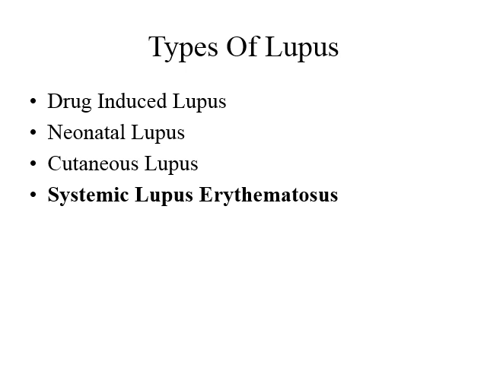Now different types of lupus: drug induced lupus, neonatal lupus, cutaneous lupus and systemic lupus erythematosus. So systemic lupus erythematosus is mostly important, but we have to differentiate it from the drug induced lupus, where there will be some history of intake of different drugs.